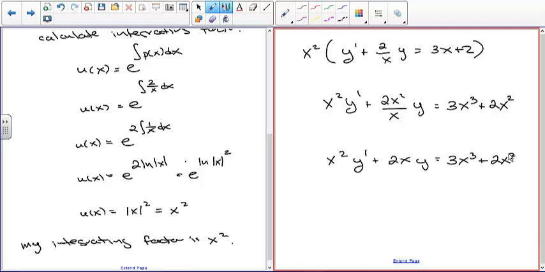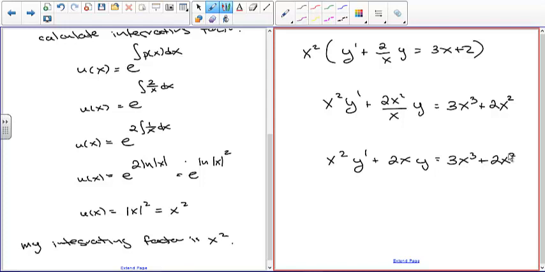So I haven't changed anything, I've just multiplied by the same quantity. That's what we've been doing since algebra from day one. But the key thing to now notice is that the derivative of x squared is 2x, and the derivative of y is y prime.